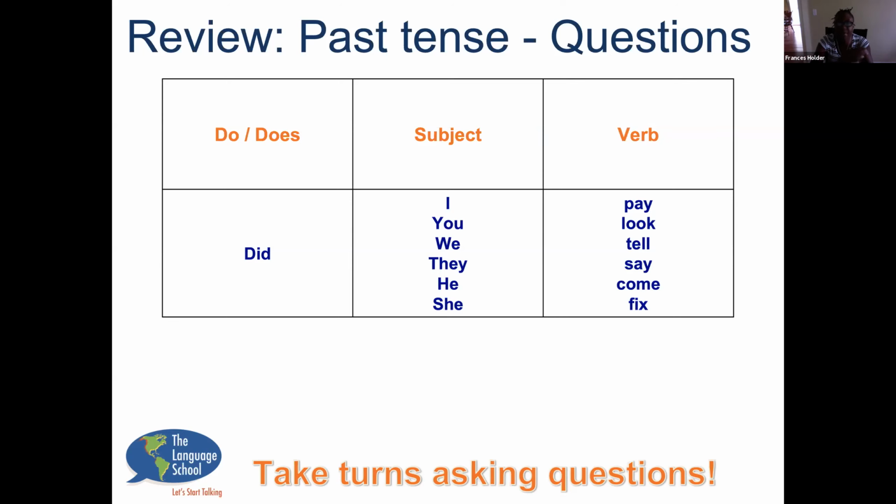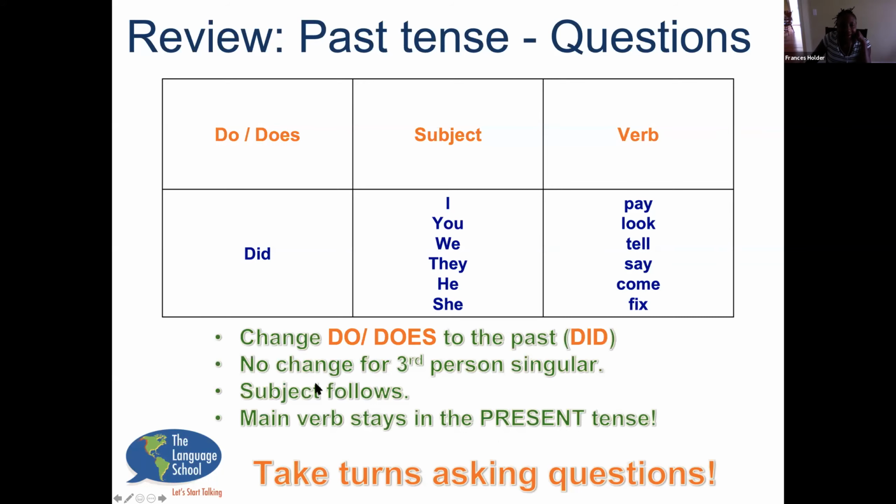When did you come to the United States? How did you pay your utilities bill? How did you pay for your rent last month? Okay, so you can use your question words in addition to did in order to ask questions in the past tense. Okay? Exactly like in Spanish. Oh, okay.